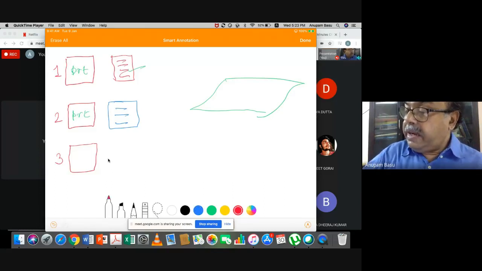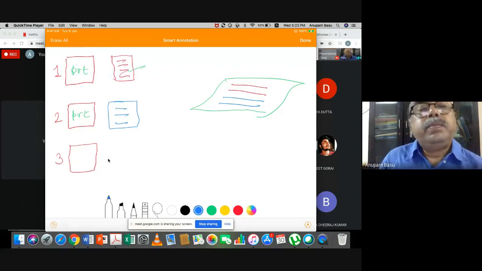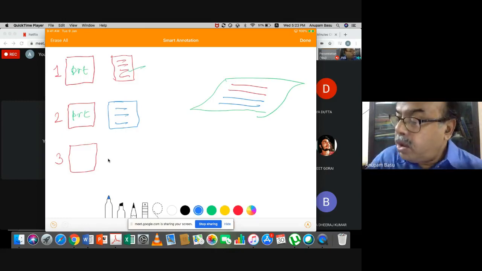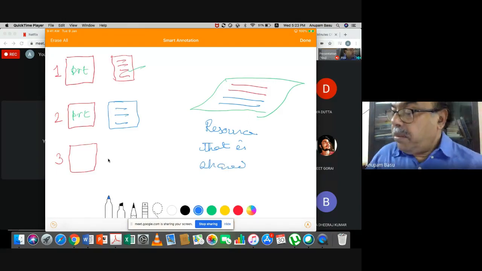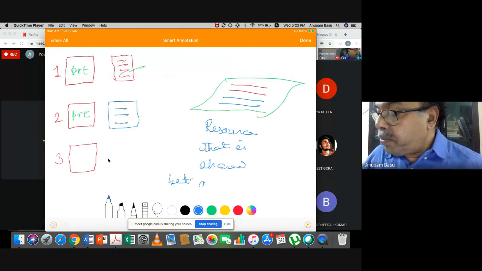I'll get a red line printed, two red lines printed, then one or two blue lines printed, then again two red lines printed. It would be interspersed. That's not what we want. So here is a situation where we have a scarcity of resource, that is a resource that is shared between multiple processes.